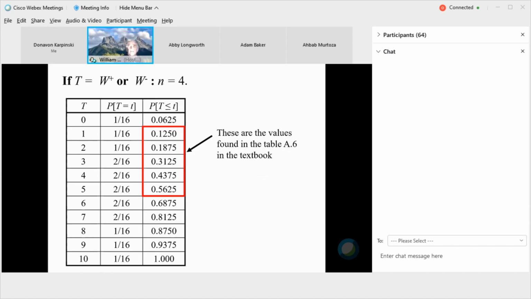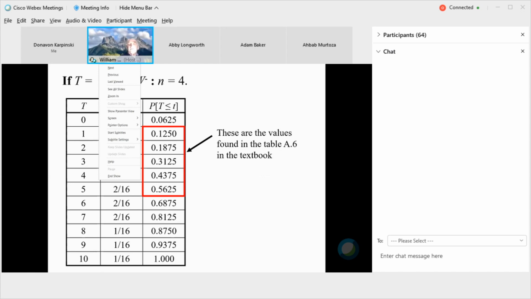If I let T be either W plus or W negative, this is the distribution of T. It could be 1/16 for 0, 1/16 for 1.